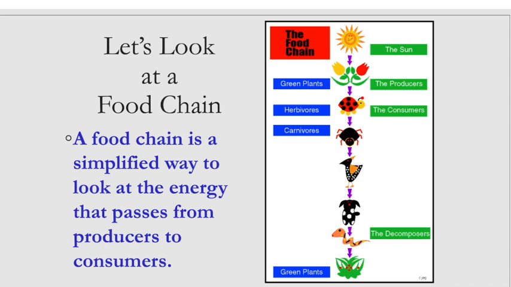Then the decomposers come in and they break down those animals or organisms that have died, and return the nutrients back to the what? To the soil. Very good.